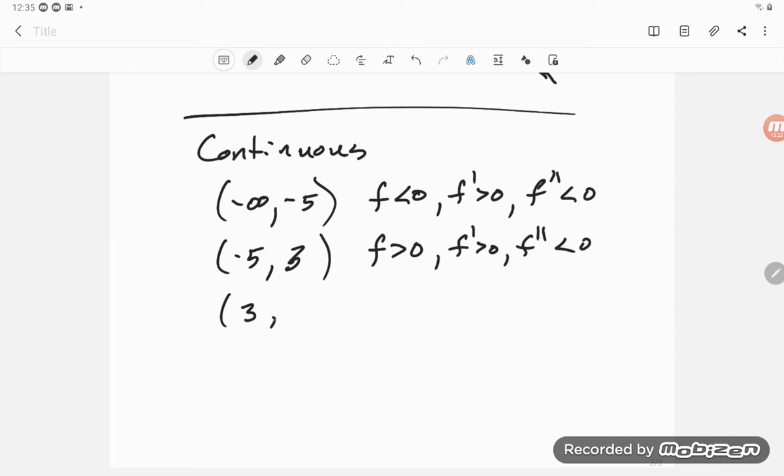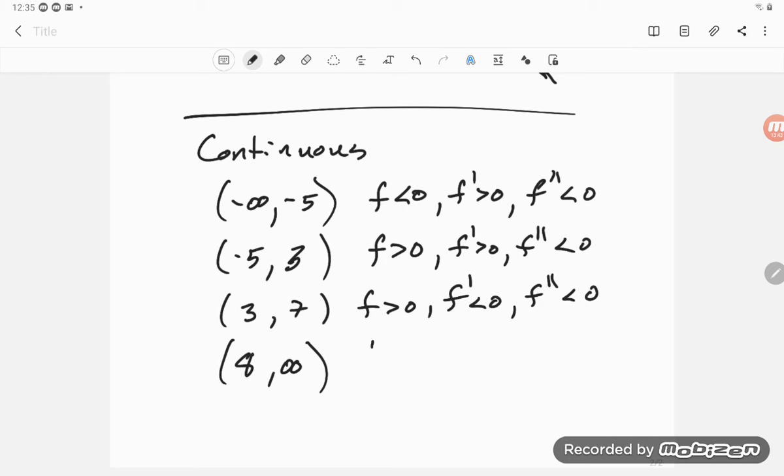Then maybe from 3 to 7, f is greater than 0. F prime is less than 0, and f double prime is less than 0. And then maybe 8 to infinity, f is greater than 0, f prime is less than 0, and f double prime is greater than 0.